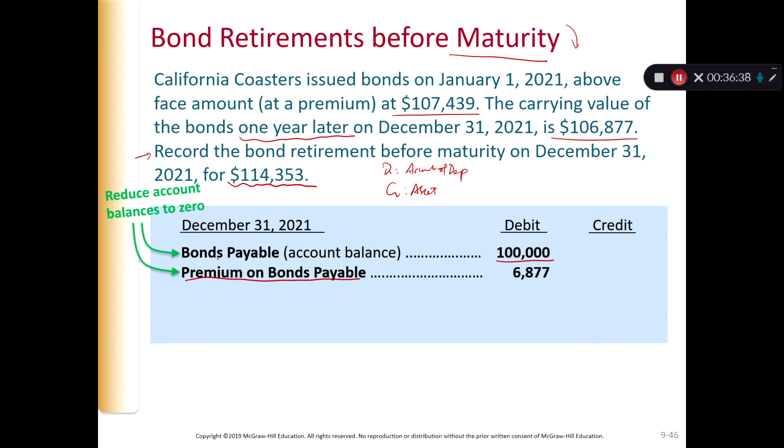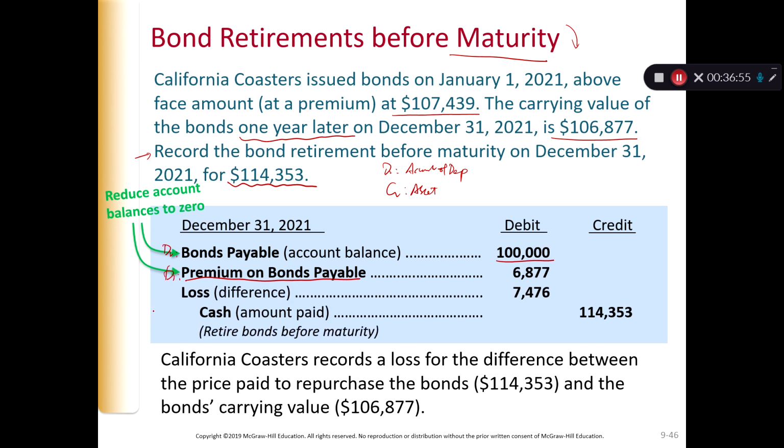Hence, when you want to retire them, you have to remember to debit both accounts. Debit the premium on bond payable for $6,877. That's how you get rid of this account from your books because you're retiring. At the same time, you credit the cash amount of $114,353. So the difference is going to be recorded as a loss, right? Because you are paying much higher than the book value of the bond. The difference of $7,476 is going to be recorded as a loss.